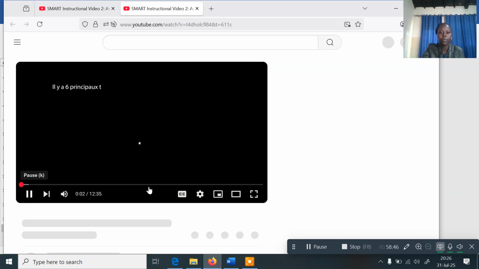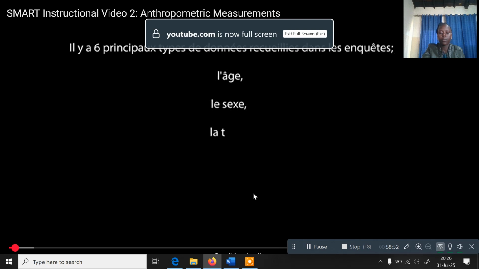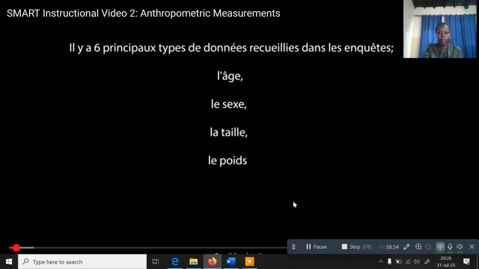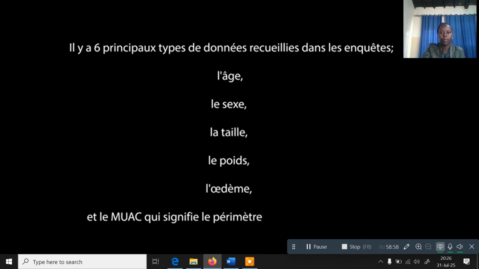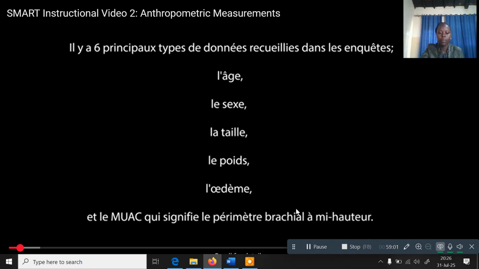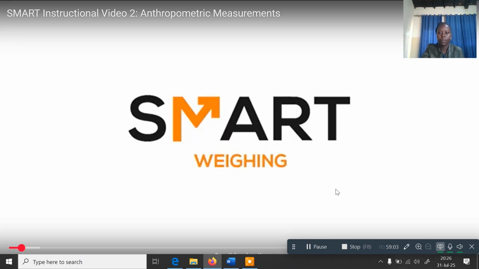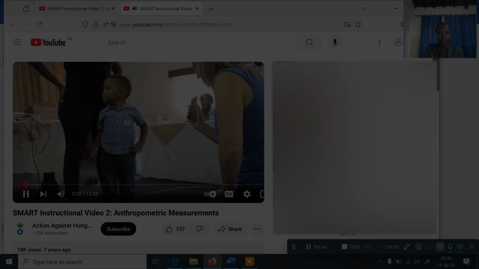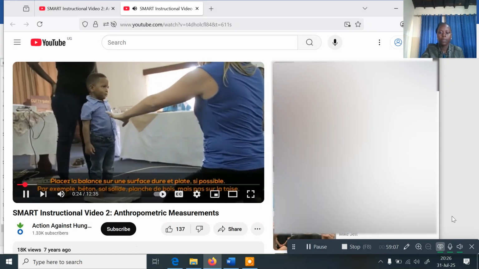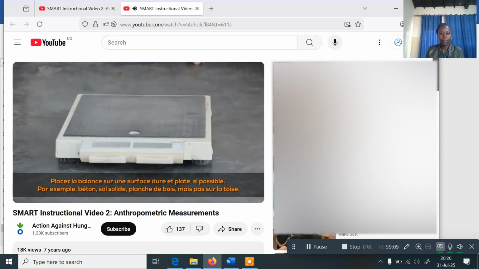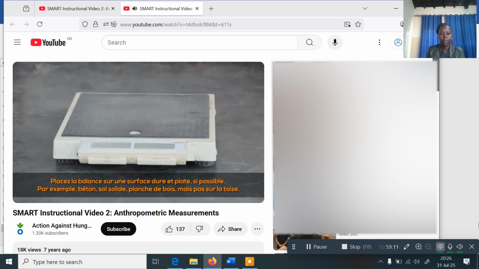Six key types of anthropometric variables collected in surveys: age, sex, height, weight, edema, and MUAC, which stands for mid-upper arm circumference. Weighing. To measure the weight of a child, place the scale on a hard and flat surface if possible.